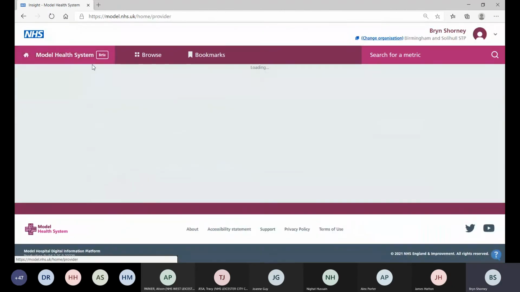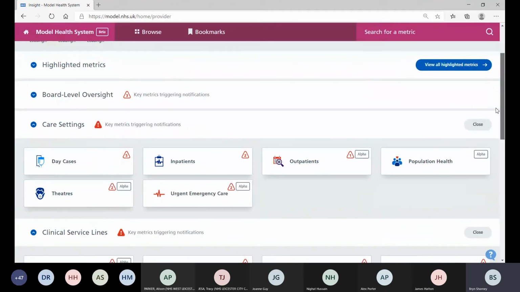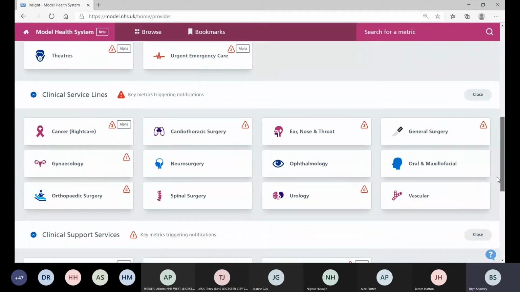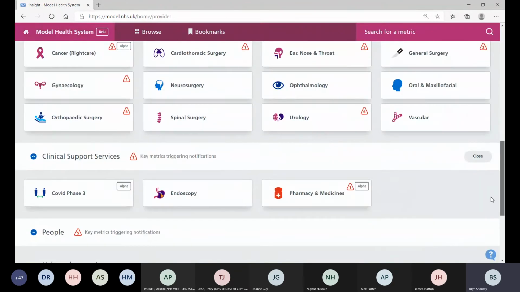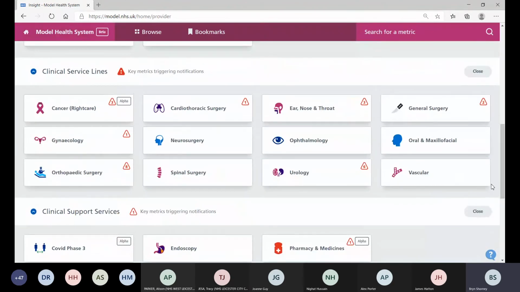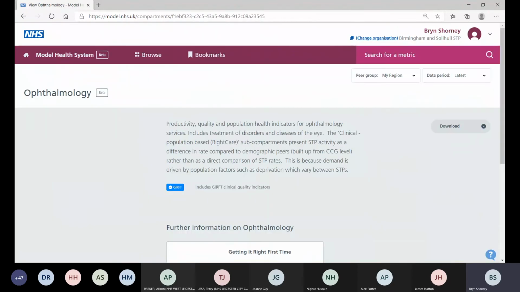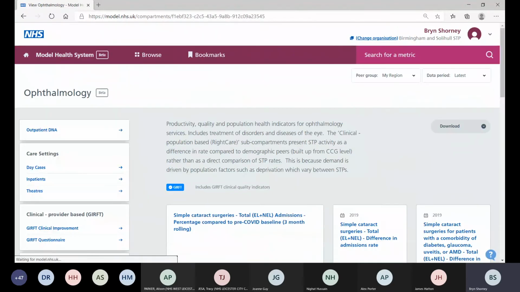Okay, so I'll give you a quick run through some of the other compartments, and particularly some of the alignment work with GIRFT. So I'll choose ophthalmology, which is one of the areas where we actually aren't as well aligned.